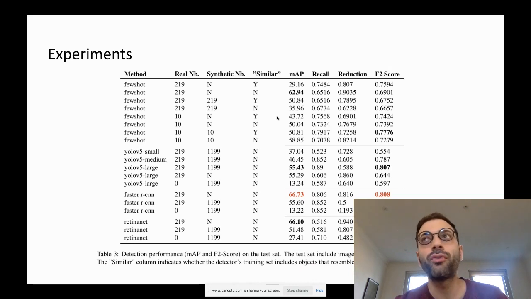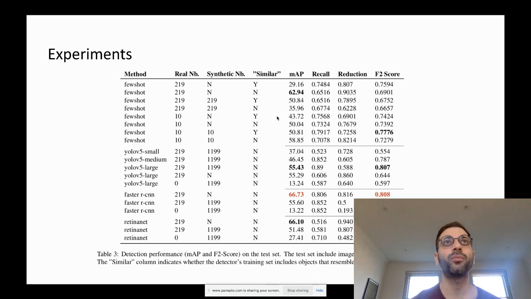Reduction is the number of images that we remove or filter out from the test set or the validation set and which do not contain an object detector. The F2 score is a combination of recall and reduction, with the emphasis put on the recall because it is important that we do not miss a potential video that contains tear gas canisters, rather than flagging more images that could contain tear gas canisters.